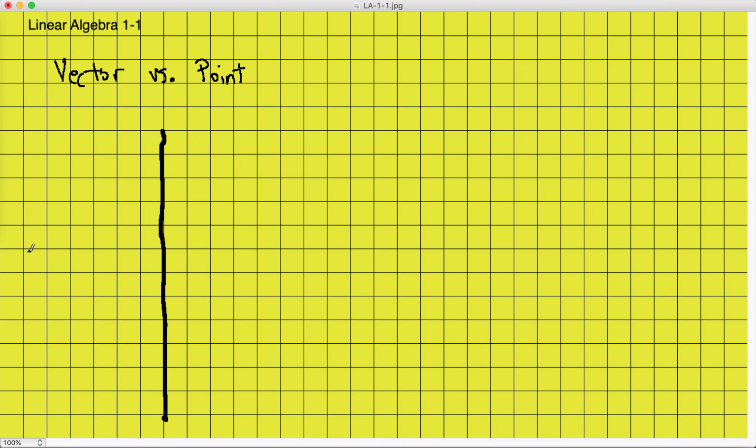So here is our Y-axis. Here is our X-axis over here. And the first thing that we can talk about is just some point P. I'm just going to make some numbers up here. This might be -1, 3.